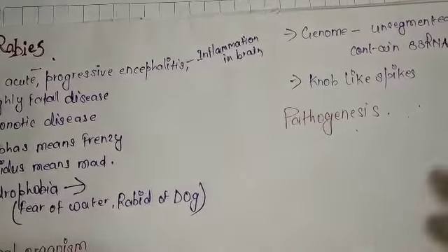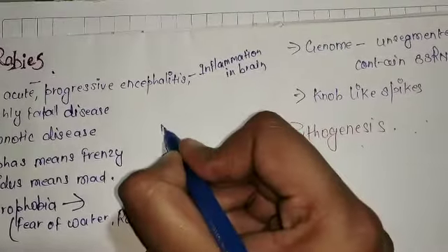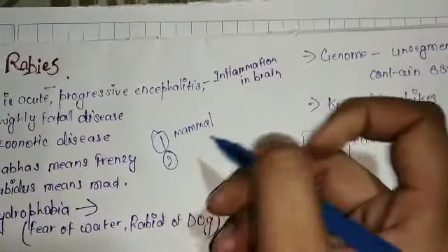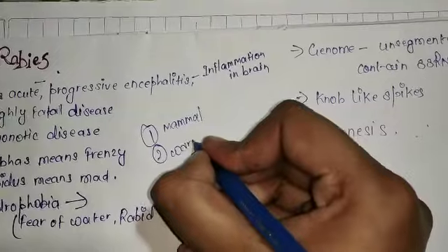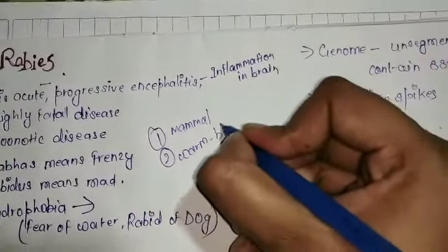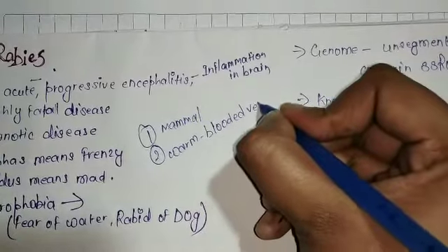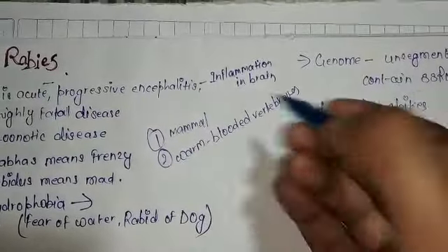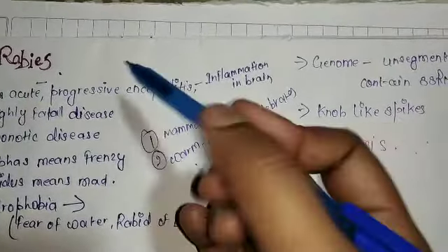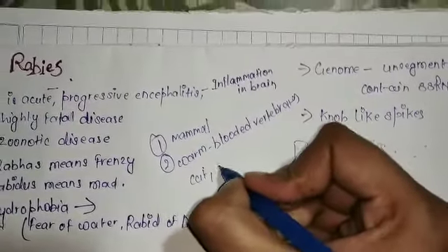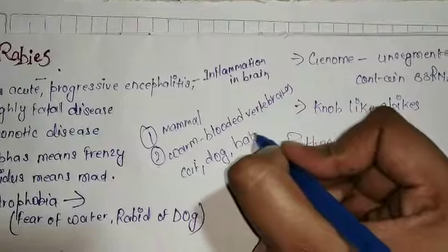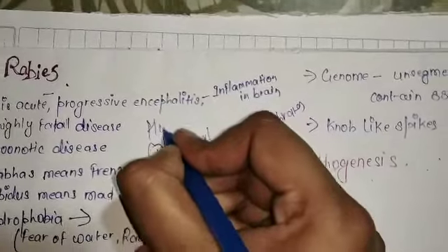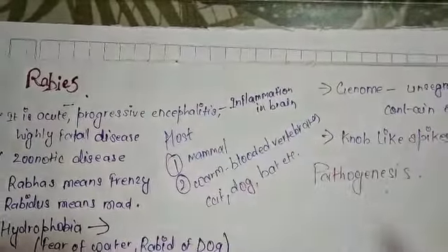Basically, mammals are the natural host for this virus. First mammals, and second all the warm-blooded vertebrates. And mostly the reservoirs that contain this type of virus are cat, dog, bat, etc. So these are the hosts which carry the rabies virus.